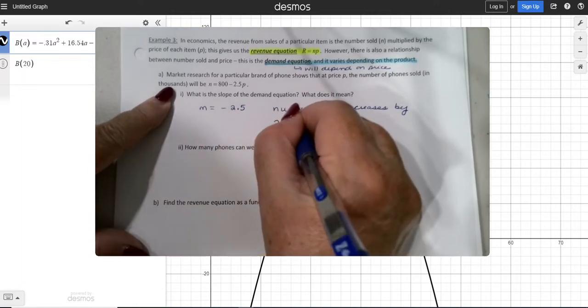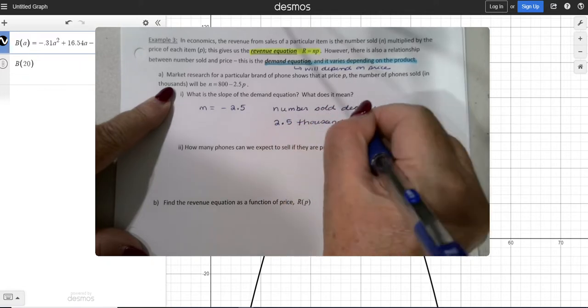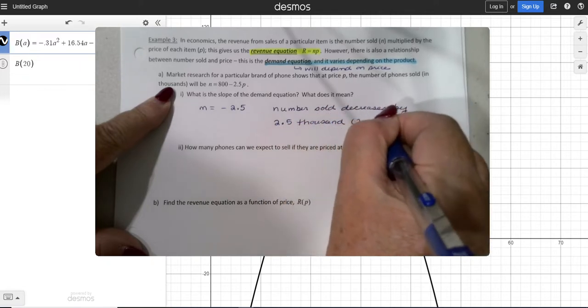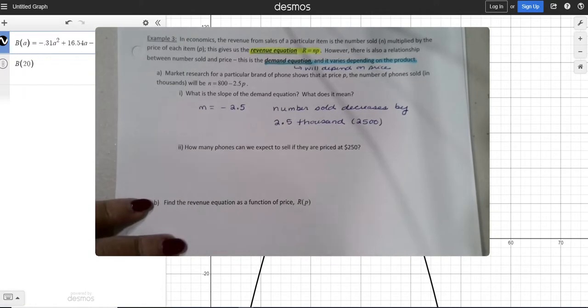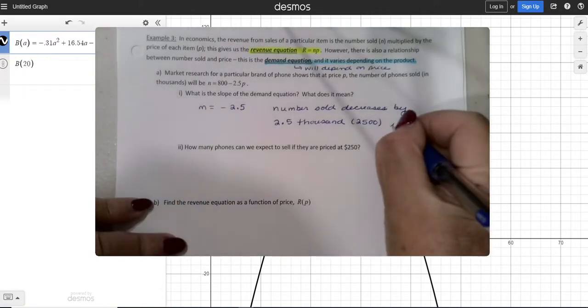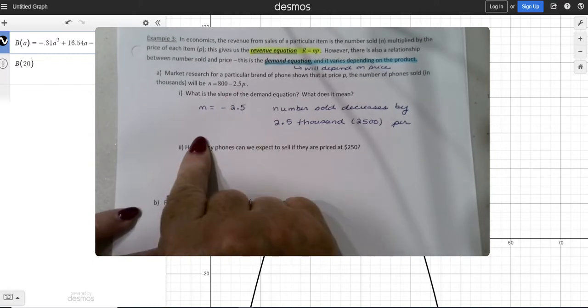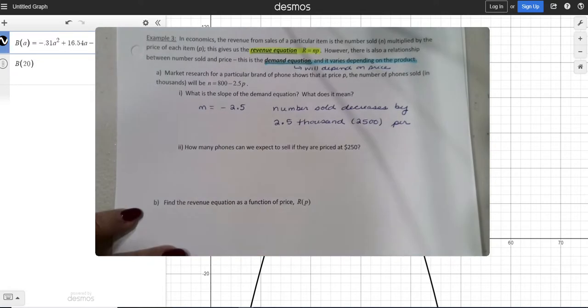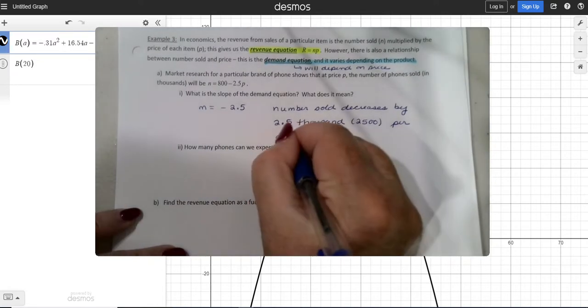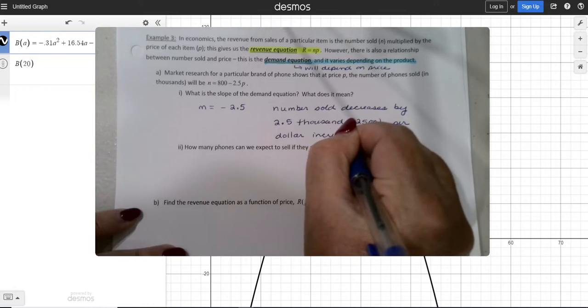So 2.5 thousand, or you could write that as 2,500 per, let's see, I would assume this would be in dollars, so I would assume that that would be per dollar increase in price.